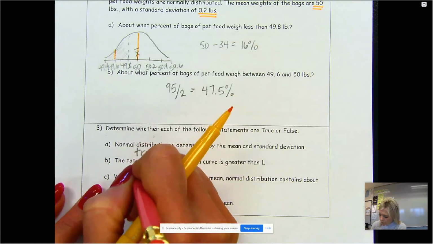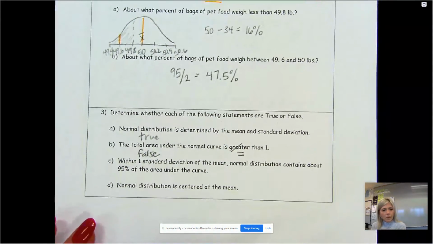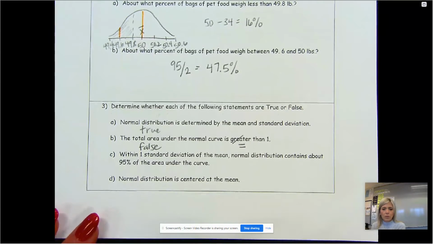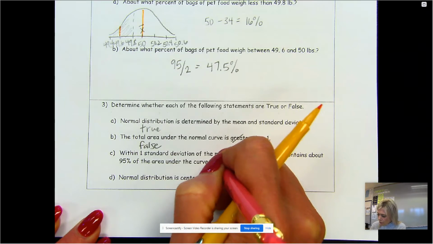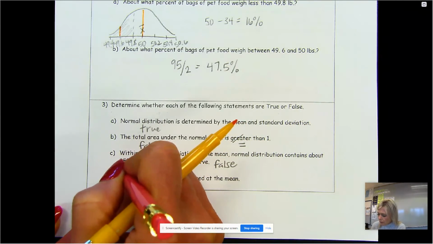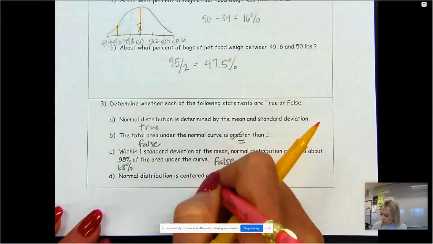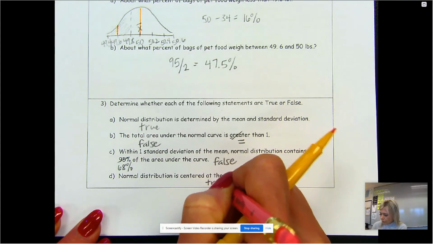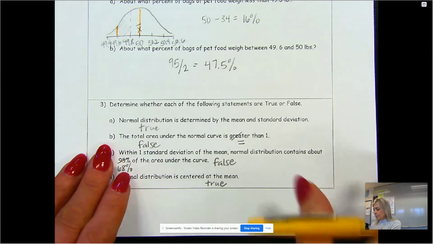This is false. It's not greater than 1, it's equal to 1. C, within 1 standard deviation of the mean, a normal distribution contains about 95% of the area under the curve. This is also false because within 1 standard deviation is 68%. And D, a normal distribution is centered at the mean. This is true. That is one of the characteristics of data that is normally distributed.